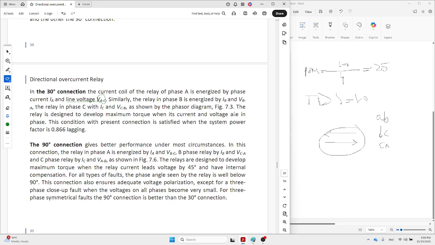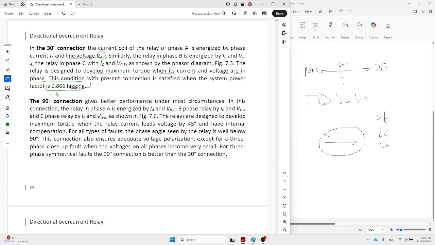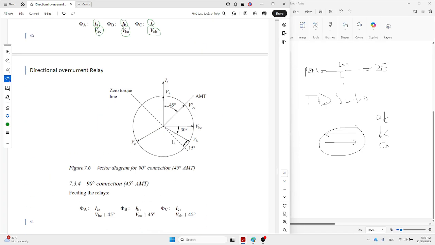Then he explained, based on this figure, that this relay provides the maximum torque when the current and voltage are in phase. The condition with this connection is satisfied when the power system factor is square root of 3 lag.